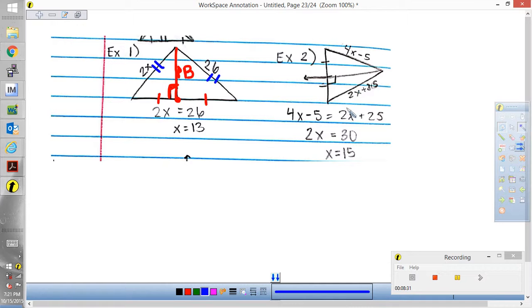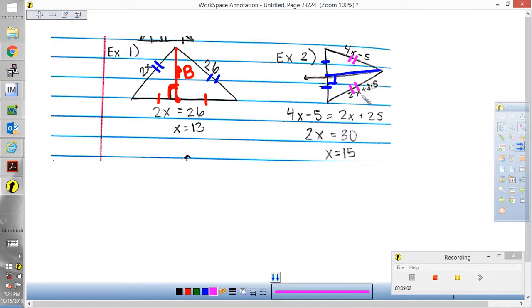In example 2, we have a very similar picture. This line here in the triangle is the perpendicular bisector because it makes the right angle, which is perpendicular, and this side is congruent to this side, which means it goes through the midpoint. So if this is the perpendicular bisector, and it is, then I know that these 2 sides are congruent, kind of like an isosceles triangle.